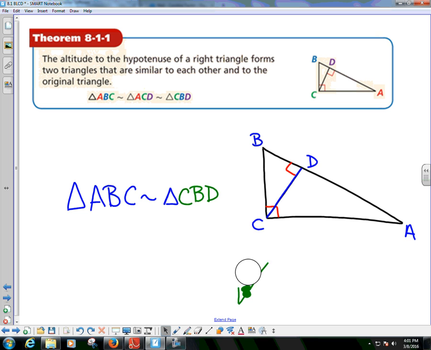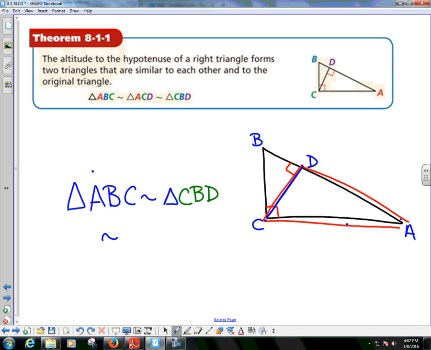And then lastly, we're going to talk about this triangle right here, ACD. So I need to figure out how to get my similarity statement so that it works with everything else. So, all right, again, I started with A, which was my hypotenuse and long leg. So as I look at this triangle right here, I'm going to my hypotenuse and my long leg.